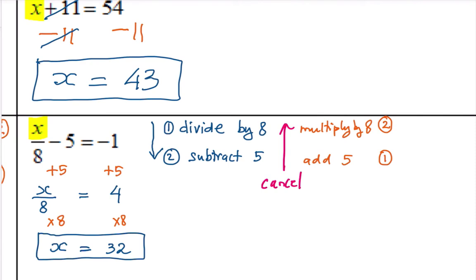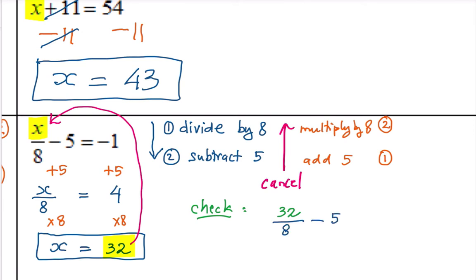And again, previously we saw how to check whether this answer is correct or not. We do that by substituting the result that we just got into the x variable in the beginning, and then we see whether this is correct or not. So in this case, to check, I will substitute 32 into x, then divide by 8 and subtract 5.